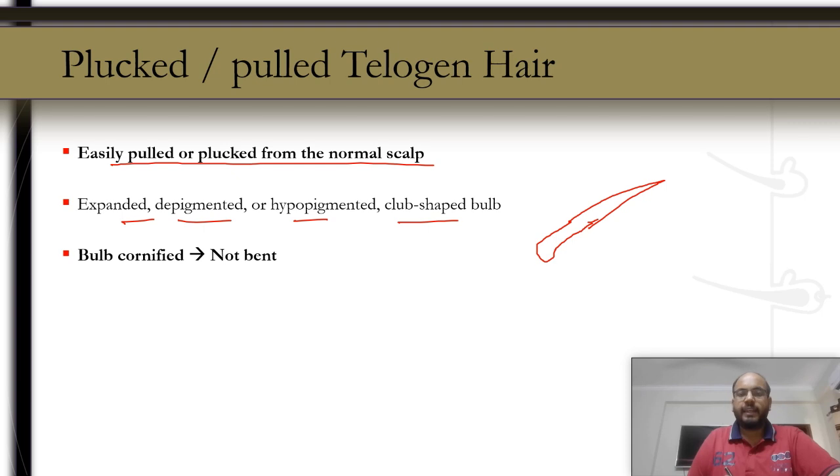The bulb in telogen hair is cornified, which means it is hard. You don't require much force to pluck out telogen hair, and the hair bulb is cornified and hard. It does not bend like you see in anagen hair, and you have a non-bent bulb. Clear? Let's move forward.